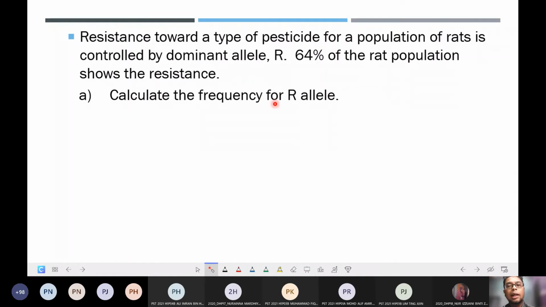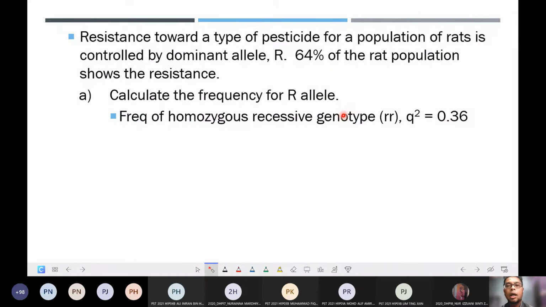We try to calculate the frequency of allele first. Whenever we want to calculate, normally we will start with the recessive group. Recessive group dulu. We will start with the homozygous recessive group. Kenapa kita start dengan homozygous recessive punya individu? Kerana kita tahu bahawa individu resesif ni dia cuma ada satu je genotype, iaitu R kecil.